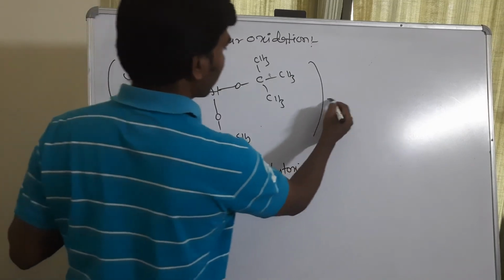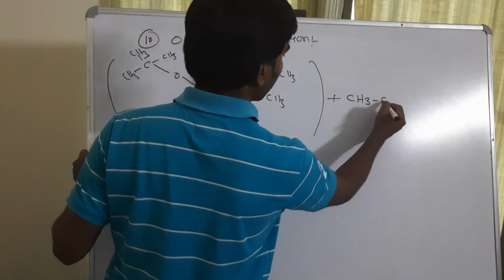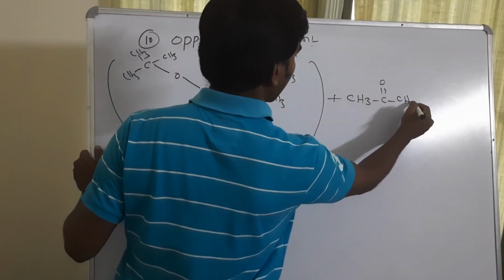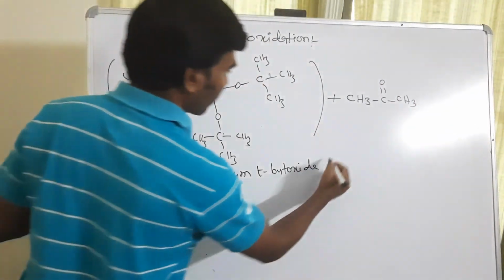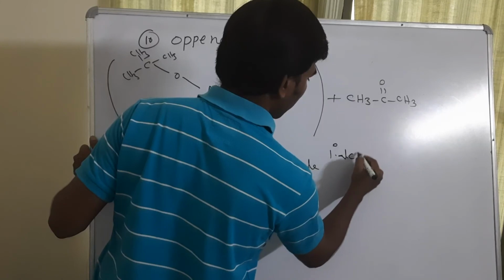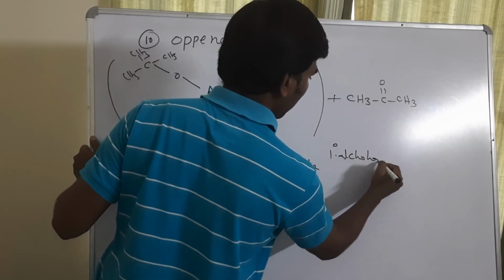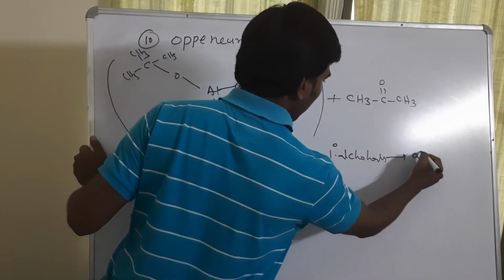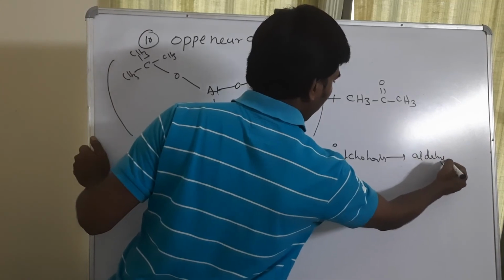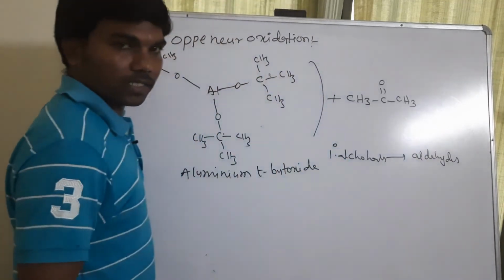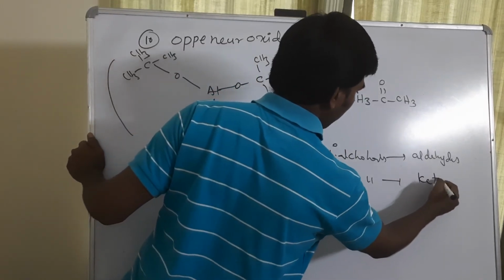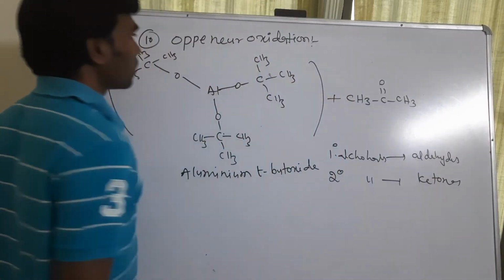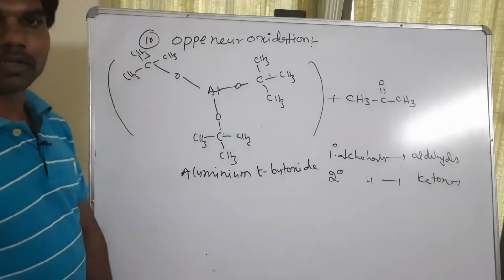Along with this, acetone they will take. In Oppenauer oxidation, primary alcohols will be converted to aldehyde and secondary alcohols will be converted to ketone. So this is the use of Oppenauer oxidation.